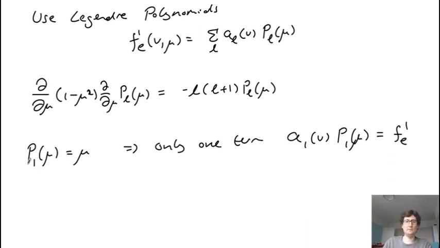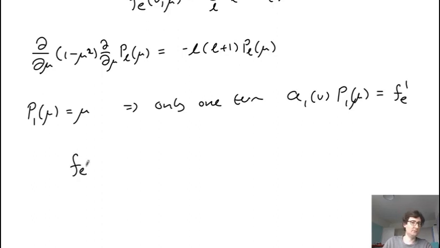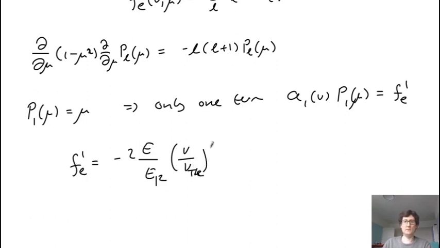And so we can write down the solution in terms of f_e1. It's just minus 2 times E. You can normalize in terms of the runaway electric field, E_R. So we have a v over v thermal, v_te, to the power 4.